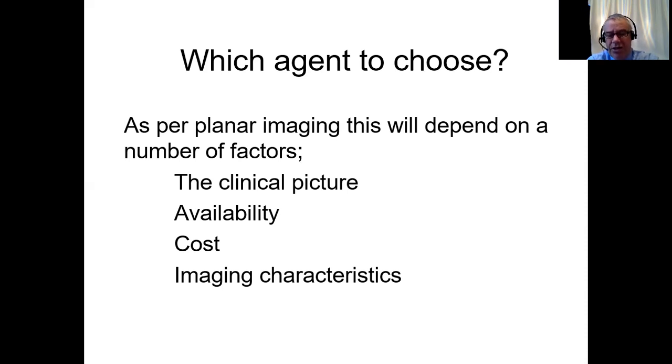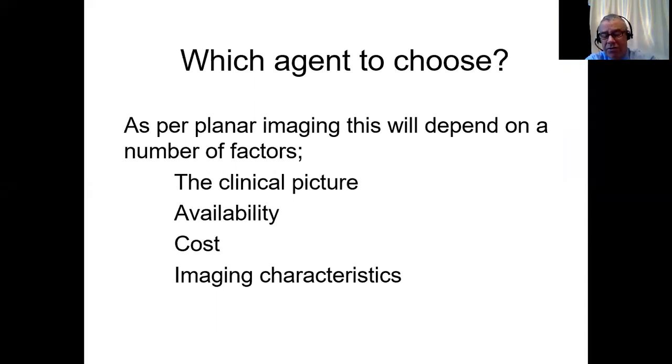And to some degree, that has pushed people towards FDG PET, because you don't need to do cell labeling, and it may well be that a pot of FDG arrives once or twice a day, and it's just as easy to use that as to use the FDG for cancer imaging. Cost is also a major issue, because none of these agents are particularly cheap. Even the technetium agents aren't that cheap.